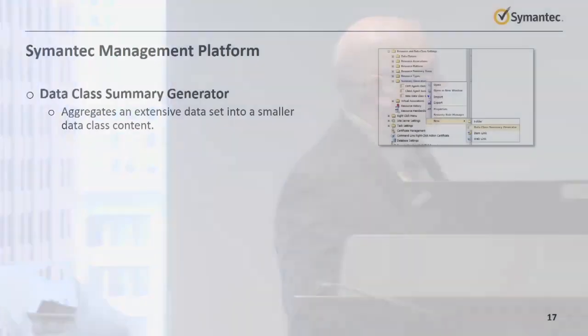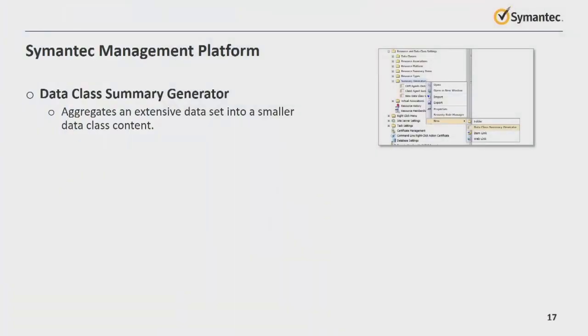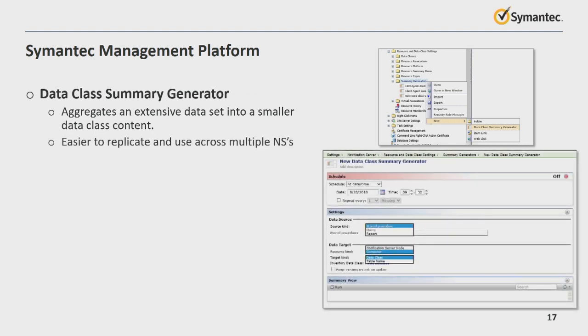You can say, all I really want is these 4 fields out of the 50 that are in AX AC information, and I just want the specific ones. So what you can do is create a new data summary, and it'll aggregate all of this stuff based on your source and populate it with a new one. I'll show you what that looks like.